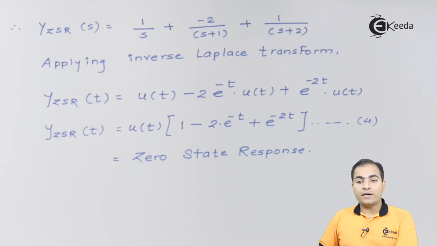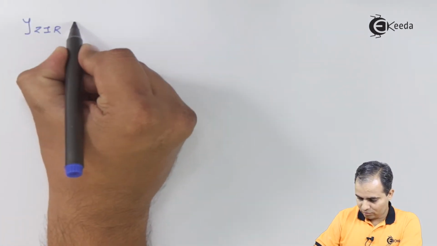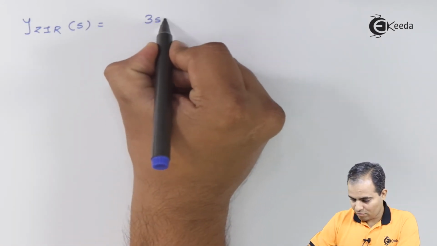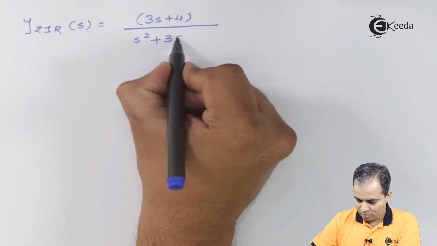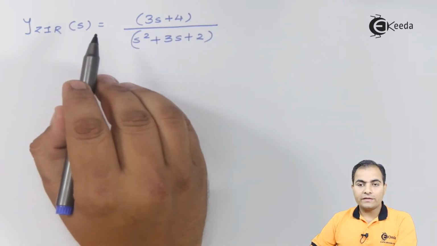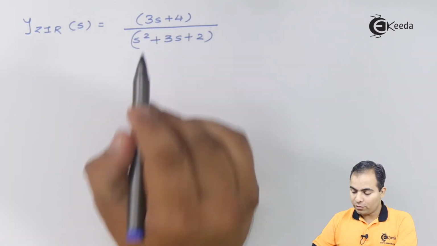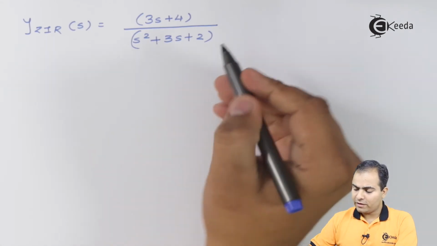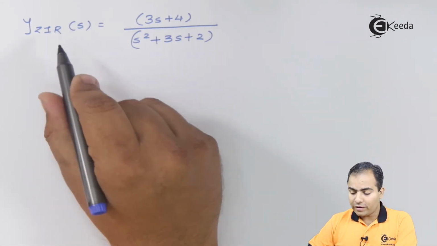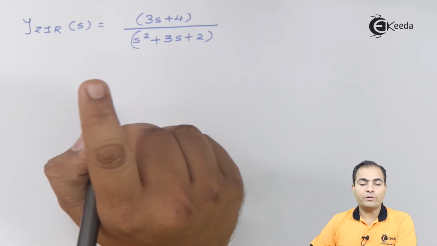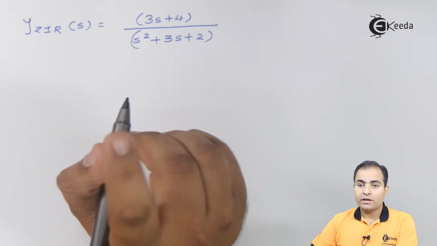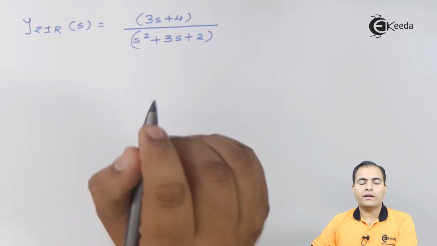Now, I'll calculate the next part, which is a zero input response. Y zir of s is nothing but 3s plus 4 whole divided by s square plus 3s plus 2. Now, what we want? A response, which means we have to calculate the inverse Laplace transform. But before moving to inverse Laplace transform, I'll use a partial fraction method to find inverse Laplace technique.